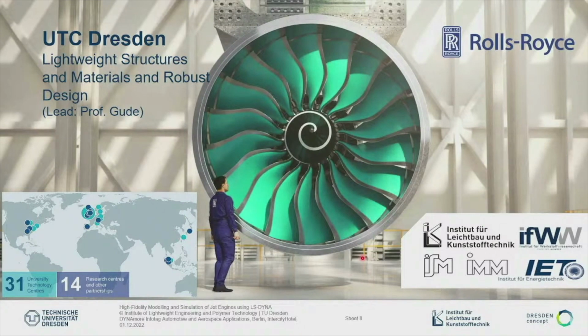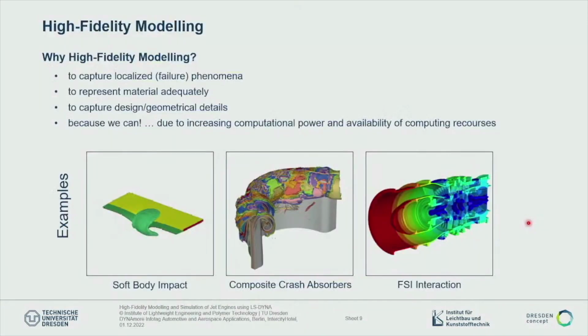Also, the last thing for this slide, the UTC is not only the RLK, which is the biggest part of the UTC, but it also has partners from TU Dresden here, for example, the Institute of Turbomachinery and Fluid Dynamics, who also contributed to a part of the work which I will be presenting later on.